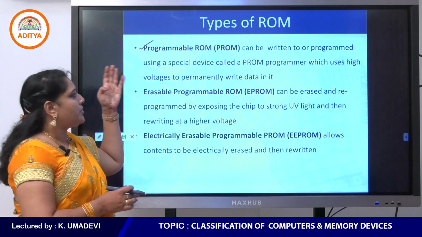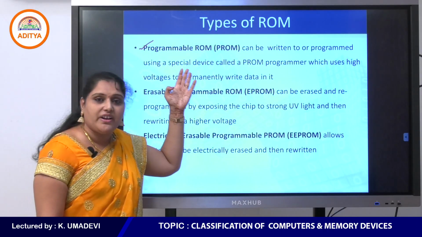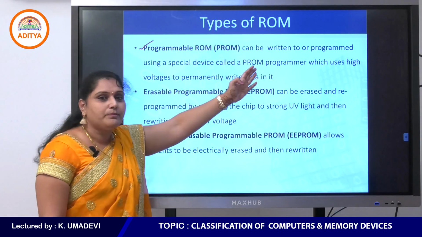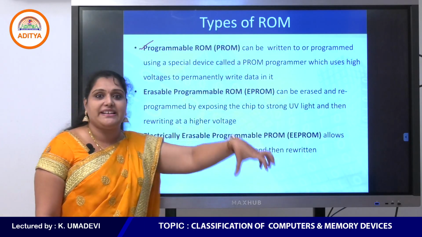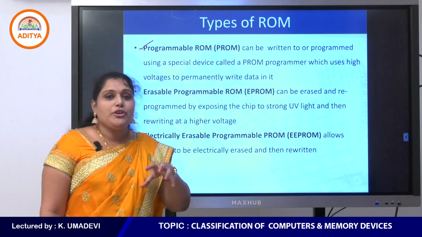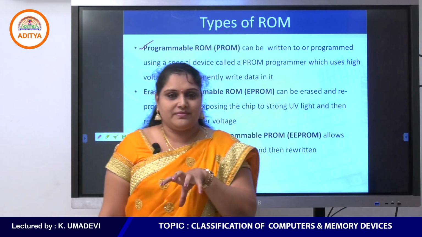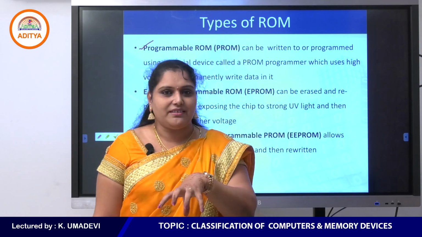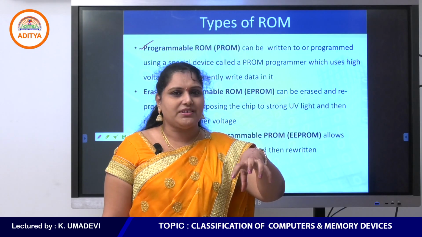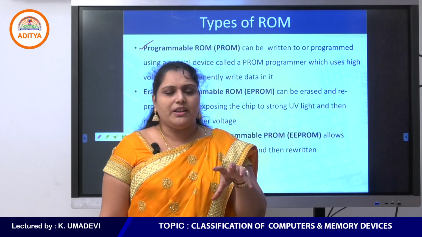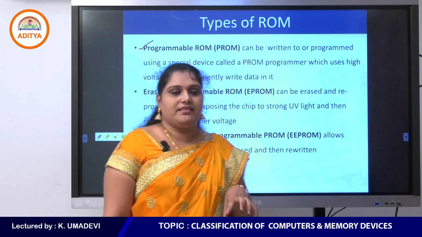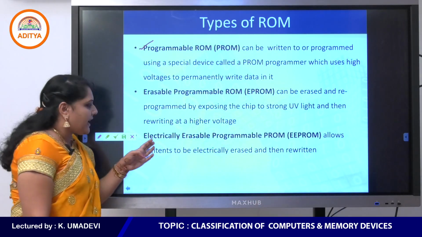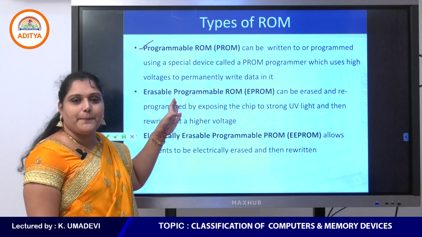It is written or programmed using a special device called a PROM programmer, which uses high voltages to permanently write data in it. If you want to erase the data in ROM, because ROM is non-volatile, meaning once it is programmed the data will not be erased, then any one of these other types is used to erase the data.